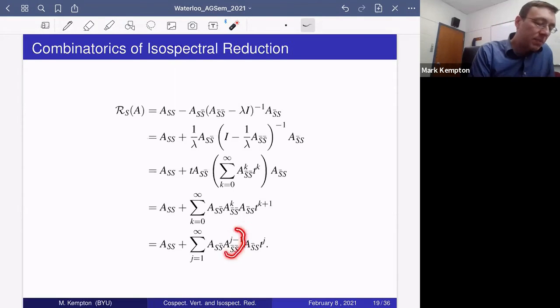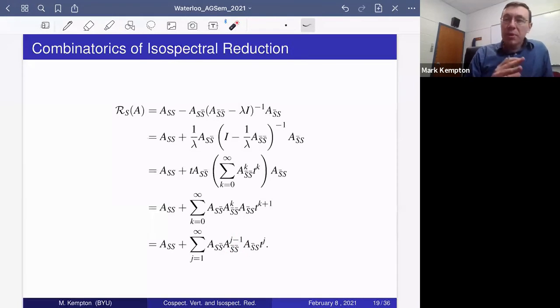So the entries of this matrix right here are counting walks of length j, walks inside the complement of the subset of these vertices. Now here, this A sub S S bar is saying, let's take a step from my set S outside of the subset. And then here we're saying, let's take a walk of length j minus 1 outside of the subset, and then we'll take one last step from the complement of the subset back into the subset.